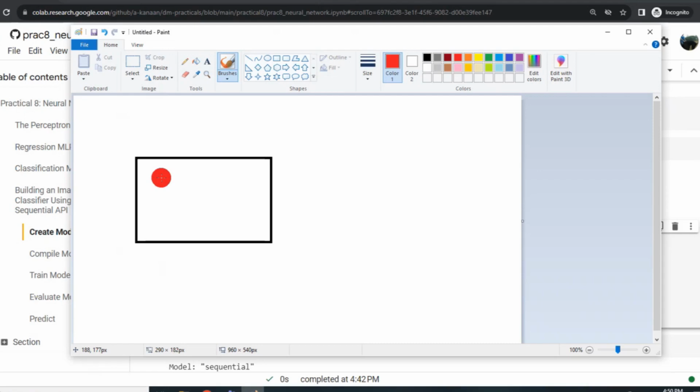So let's say this is the first pixel that appears on the screen, this is the second pixel, third pixel, then fourth pixel, fifth pixel, and the last pixel. So this picture is 2D, two dimensions, since it has width and height.